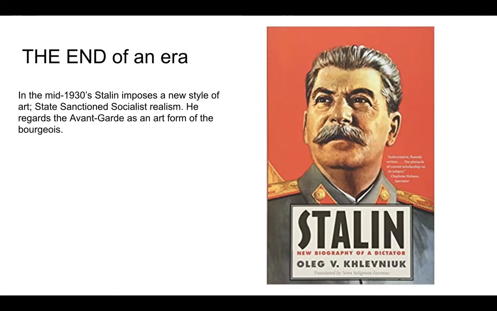So the irony here is that while most of these artists created this art for the proletariat, for the working class, Stalin decides, no, actually, this is for the bourgeois, and he spins the rhetoric to make it seem like the avant-garde, the constructivists, are part of the bourgeois class, which they may have been by birth, but they were not championing that.